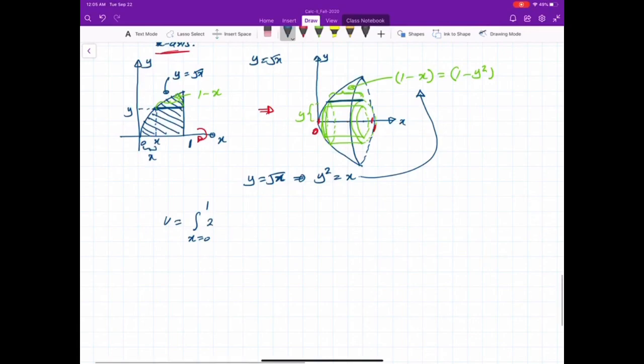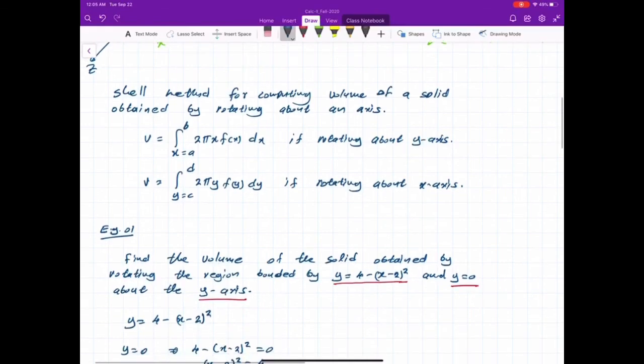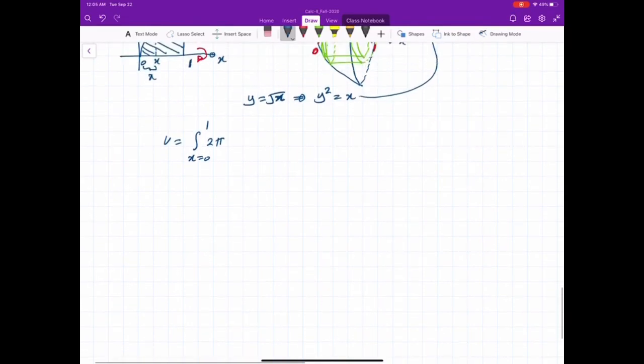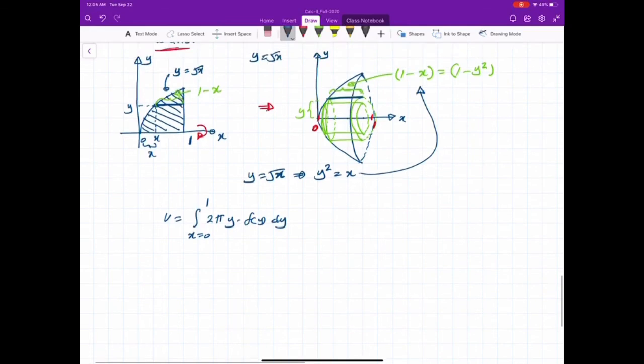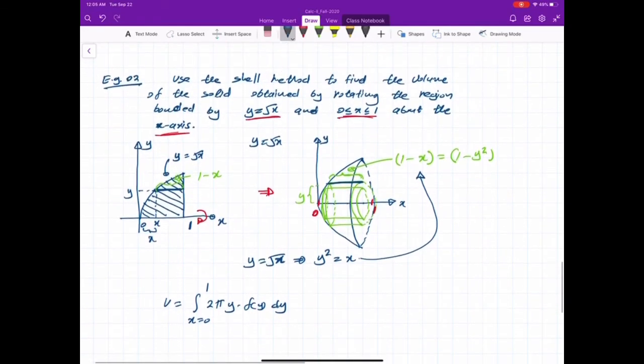Okay, and then you have 2 pi. Let me go back. It would be 2 pi y times f of y dy. I'm sorry. This is the integration with respect to y.